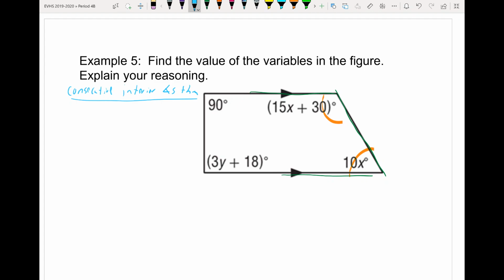So 15x plus 30 plus 10x equals 180. Let's combine like terms. 25x is equal to, subtract the 30, gives me 150. And please tell me y'all counted quarters enough to do this in your head.